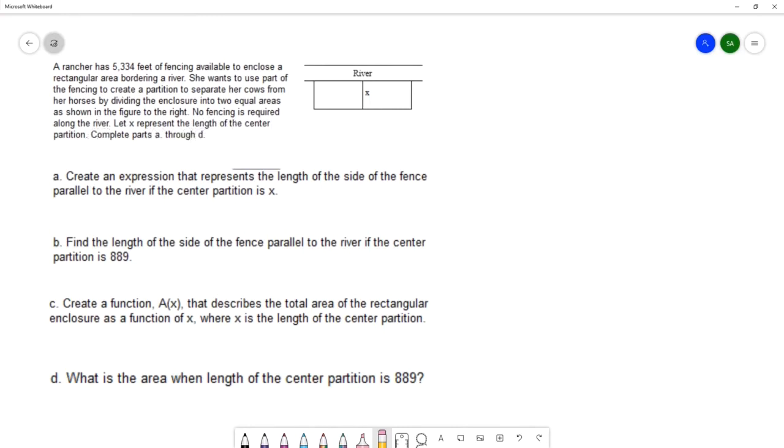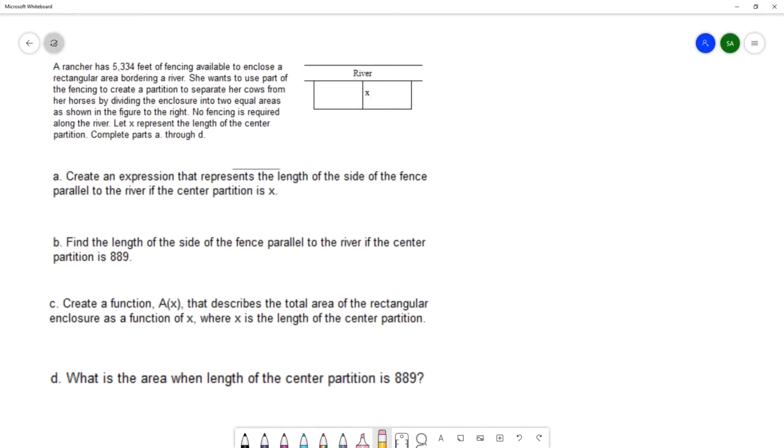So we have a nice picture of what's going on here. We have a river. The rancher is building these rectangular pastures bordering along the river, and she's creating them with this little divider called a partition in the middle. And that's so she can separate the cows and the horses.